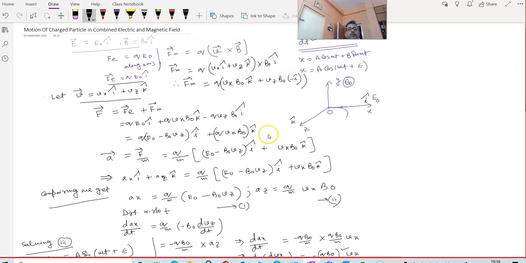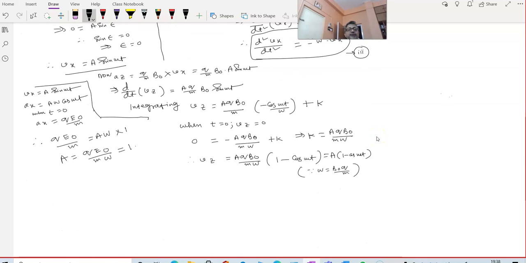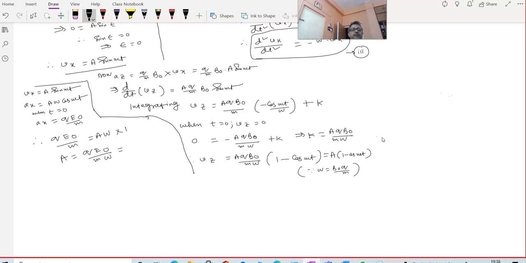The value of omega is B Q by m, isn't it? This is not 1 then. It's going to be a very interesting quantity there. B Q by m. So this is going to be E0 by B. A equal to E0 by B. B means B0, sorry. It's a very interesting thing.